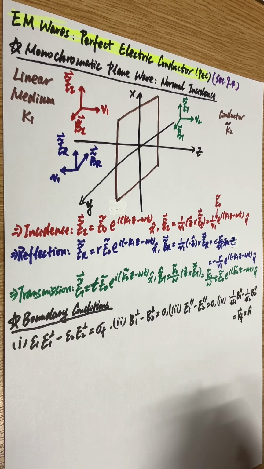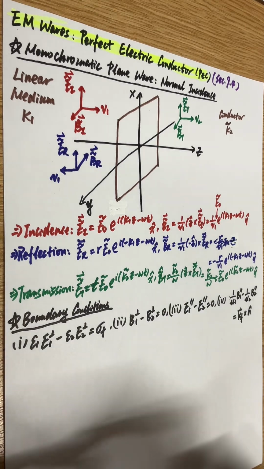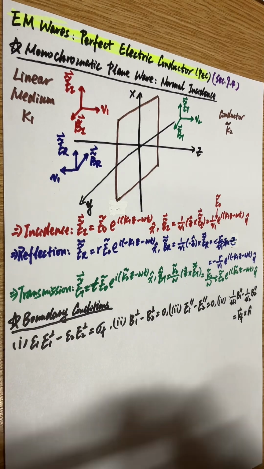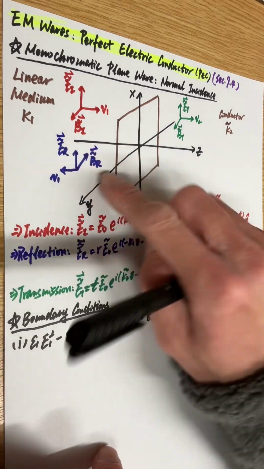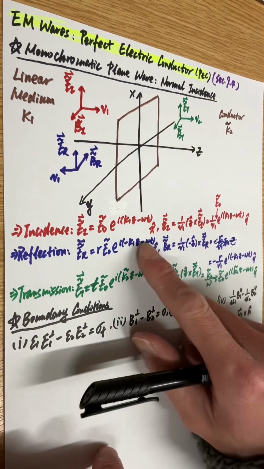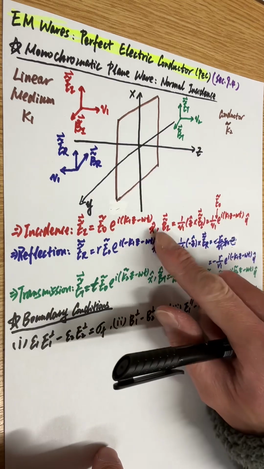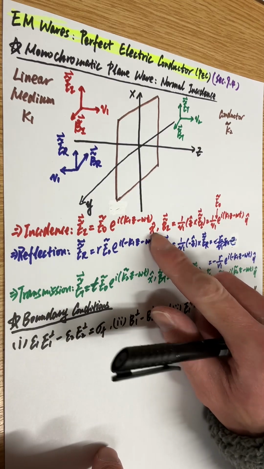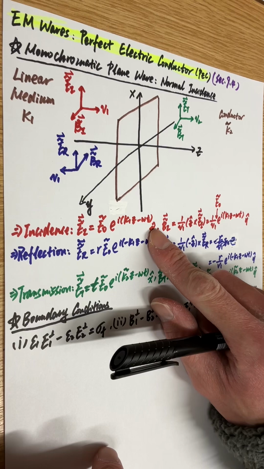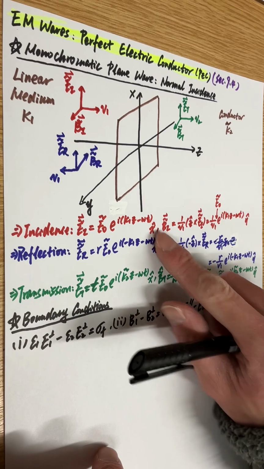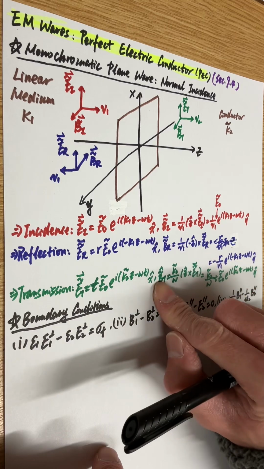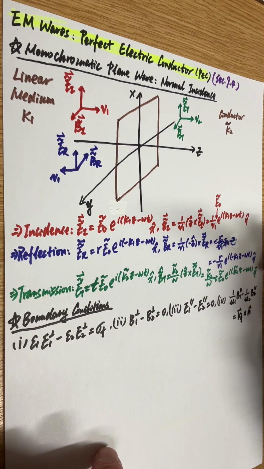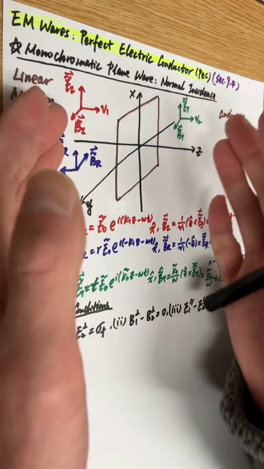Okay, so now we are ready to establish a relationship between them. So first, the orthogonal component. For this polarization, we have x direction polarized for the E field. So all the E field has x direction. All the B field has y direction. They are all parallel to the surface.